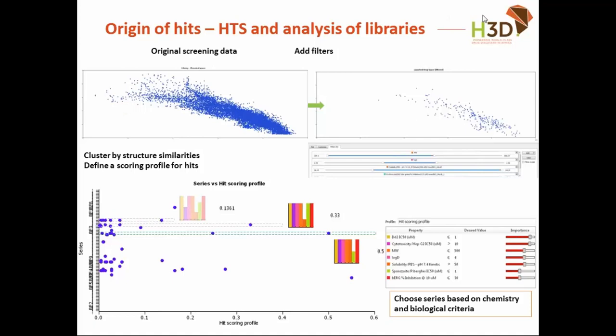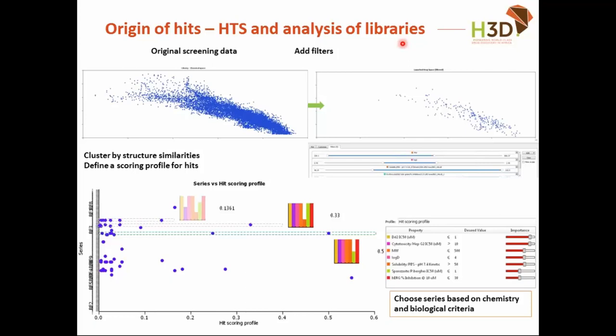So what we can do is to apply some filters with some criteria that we are interested in to select the compounds, such as activity. If, for example, we want in vitro activity less than 1 micromolar, we can say that we want this.